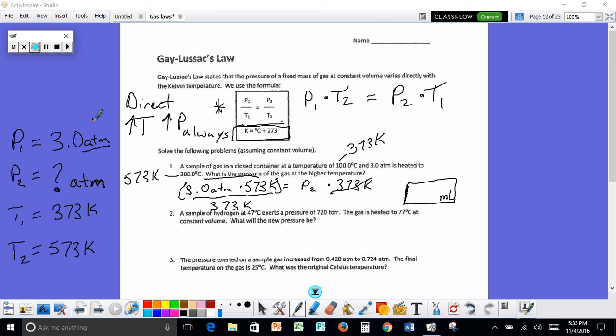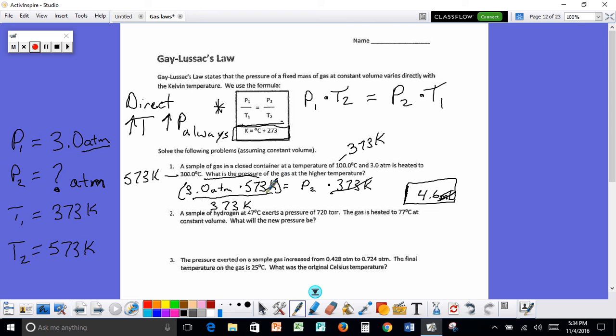Mathematically, you come up with an answer like 4.6085, and when we look back at our problem, we see 4 sig figs here, 2 sig figs here, 4 sig figs here. So we should probably report our answer in 2 sig figs. So 4.6085 should be reported as 4.6 milliliters. Not milliliters.